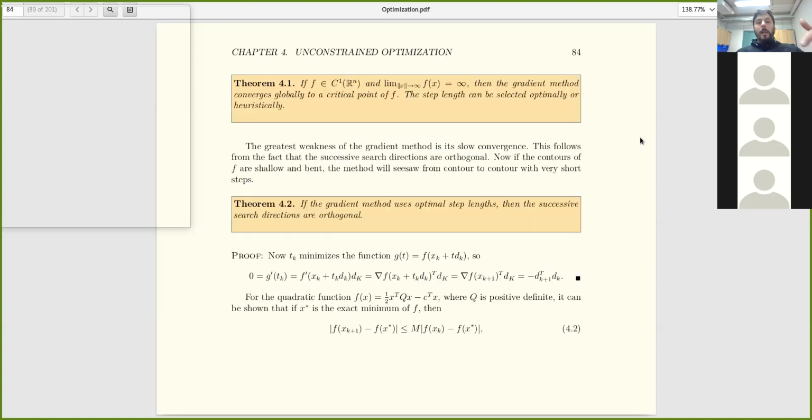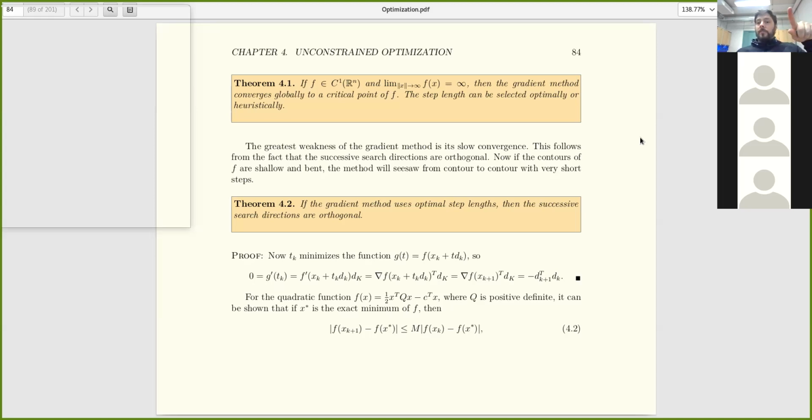While the gradient method has a very strong relative strength in that it is very simple to implement, just calculate the gradient, go in the other direction, and do this as many times as you can to find the minimum, gradient descent methods in general, while they are guaranteed to converge to a critical point, have two weaknesses.